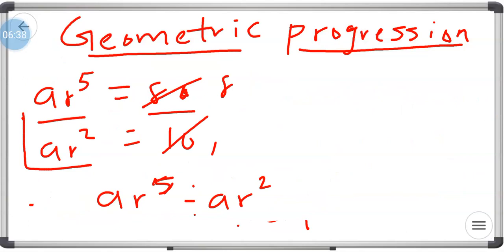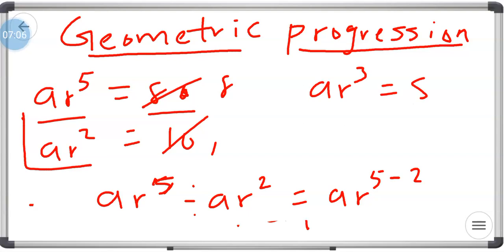We can divide using the law of indices that says division changes to subtraction. So this can give us ar raised to power 5 minus 2. Don't forget that division changes to subtraction under the law of indices, and this will give us ar cubed. So ar cubed equals 8.